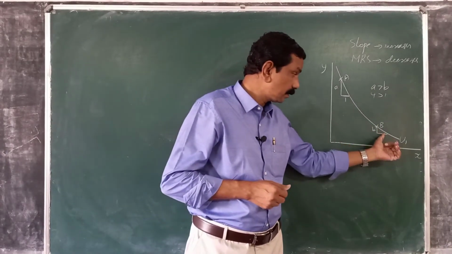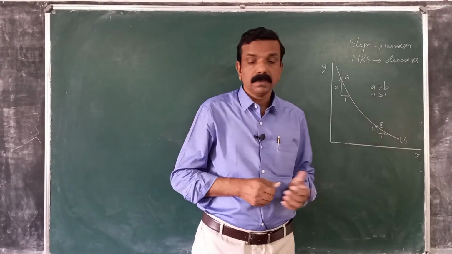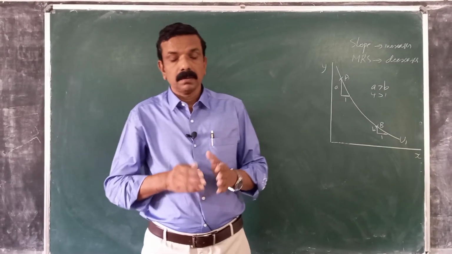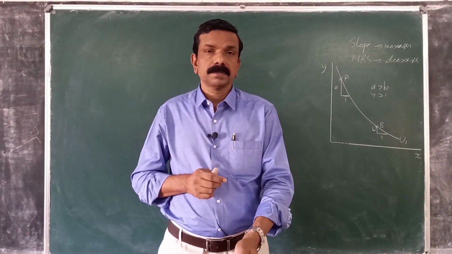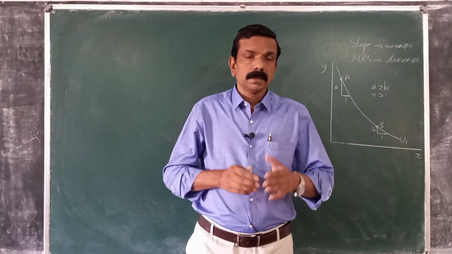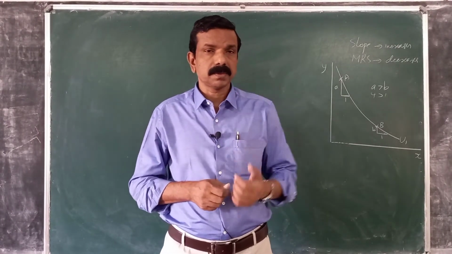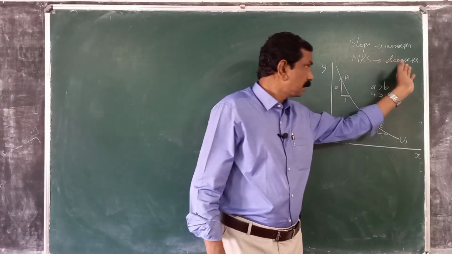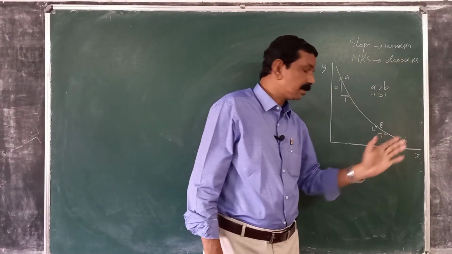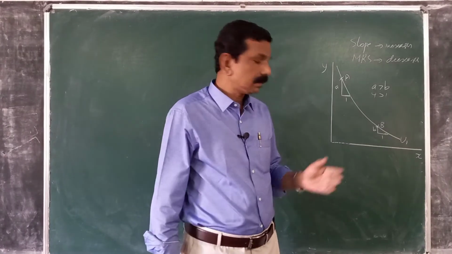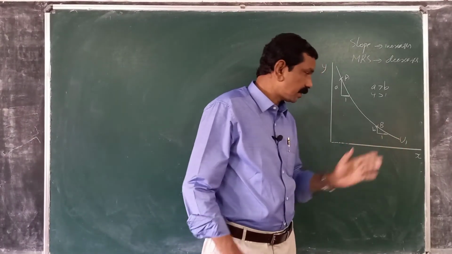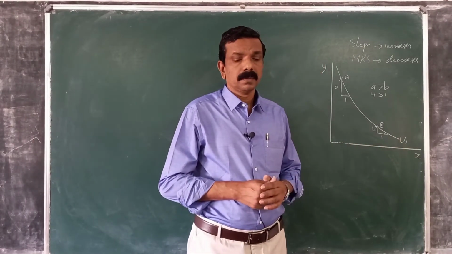Here he is willing to give up only 1 unit of y for 1 unit of x. So the marginal rate of substitution, MRS, decreases as we move from left to right along an indifference curve, as the quantity of x increases.